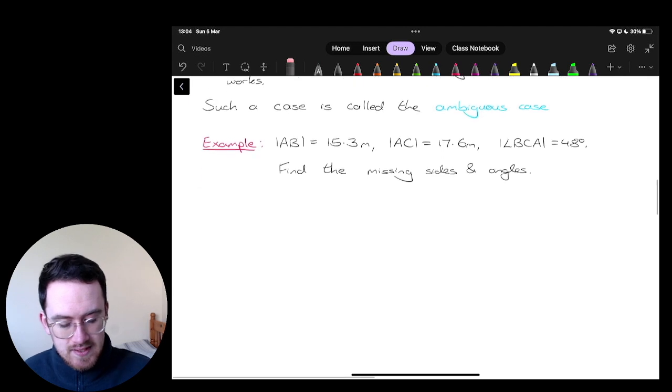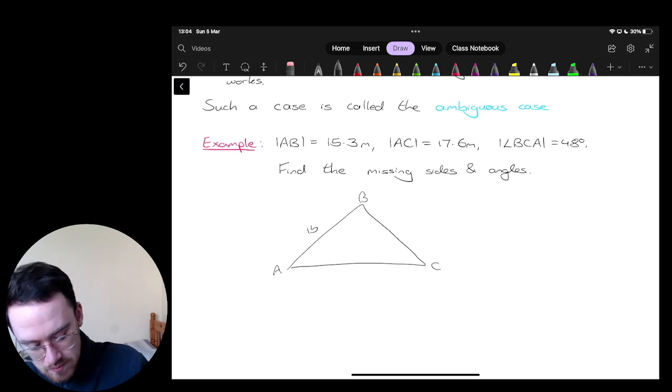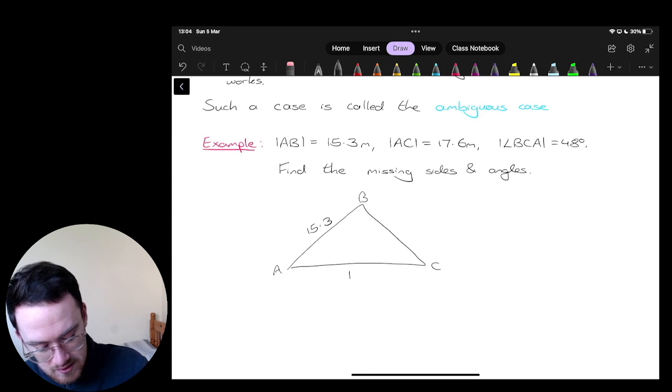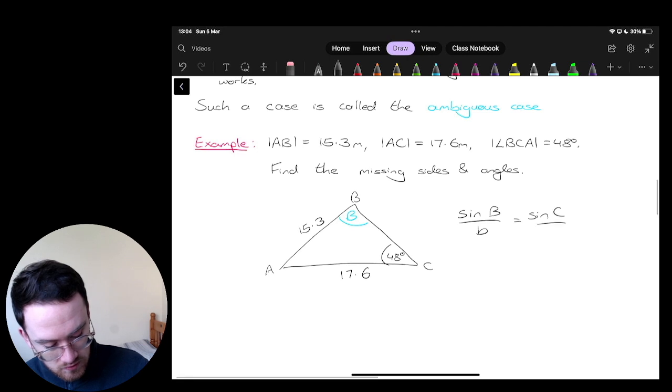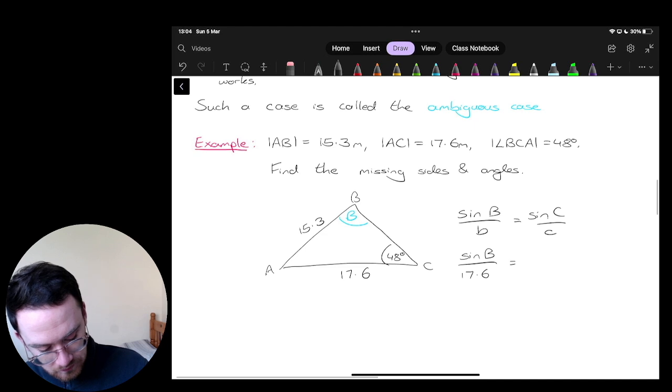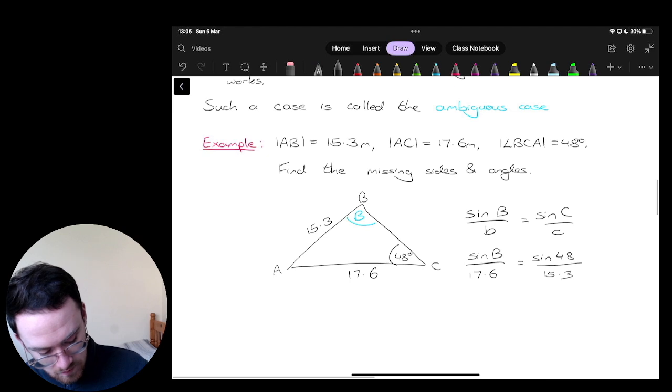If we look at this example here, we might draw a sketch of the triangle to fill in the information that we have. So AB is 15.3, AC is 17.6, and angle BCA is 48. First of all, let's try and find one of the angles, angle B. So sine of B over 17.6 is sine of 48 over 15.3.